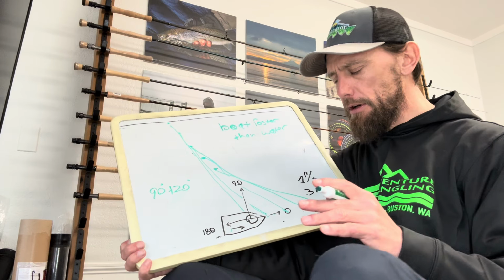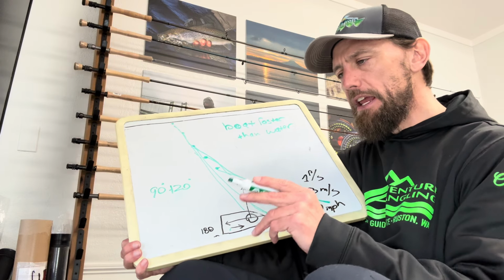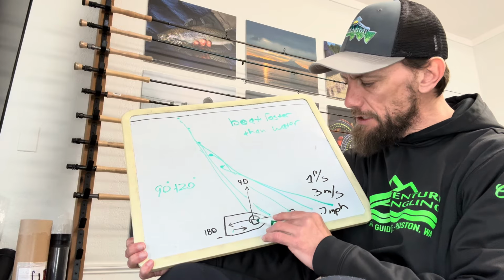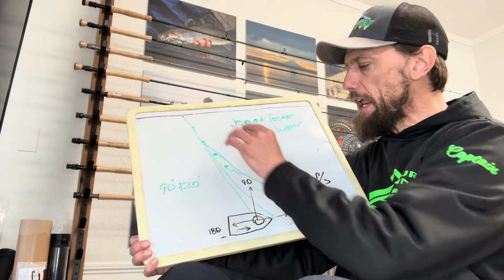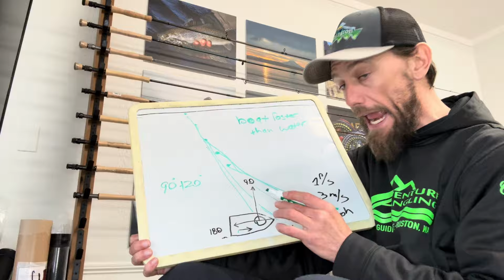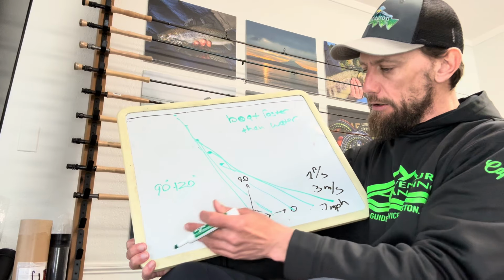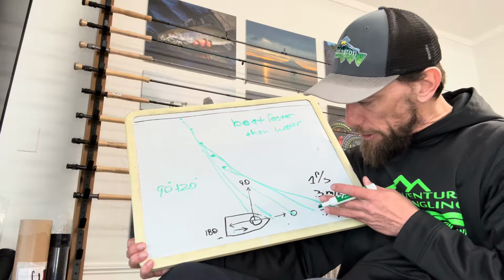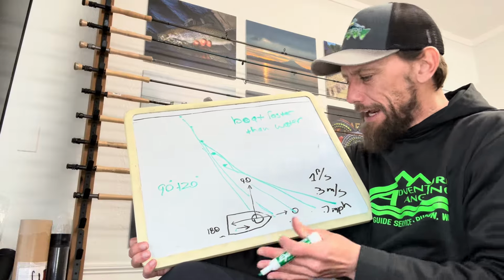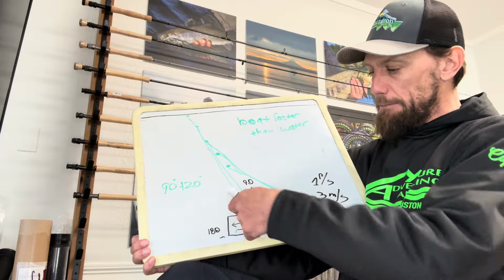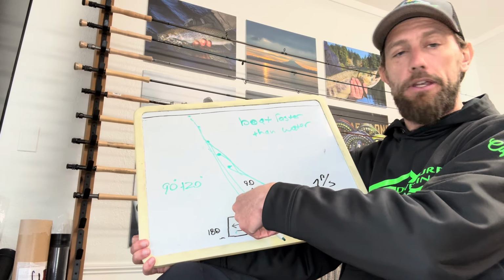Now, the last thing I want to clarify is that I'm saying behind yourself because I'm specifically talking about the casting angle relative to the angler, not the boat. The shoreline's here, I'm moving this direction, trying to go roughly parallel to the shoreline, but a lot of times the wind's blowing me this way so my boat's actually oriented out here.